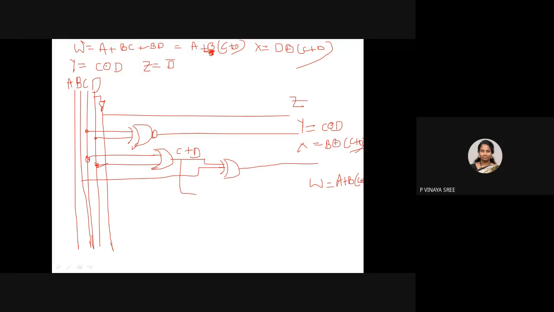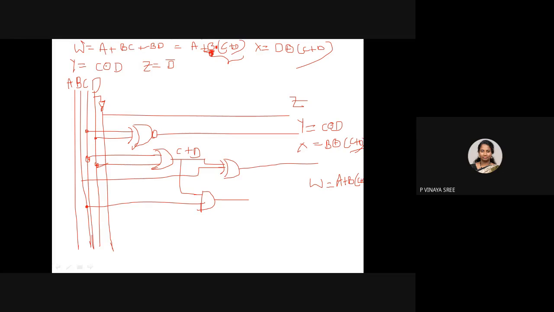A plus B. Yes, A plus B, but let me complete this one first. C plus D I have taken from this output. The other operand is B. In between, what is there? AND gate. So select B, one more operand. This is your B. In between there is an AND, completed, and we got this.